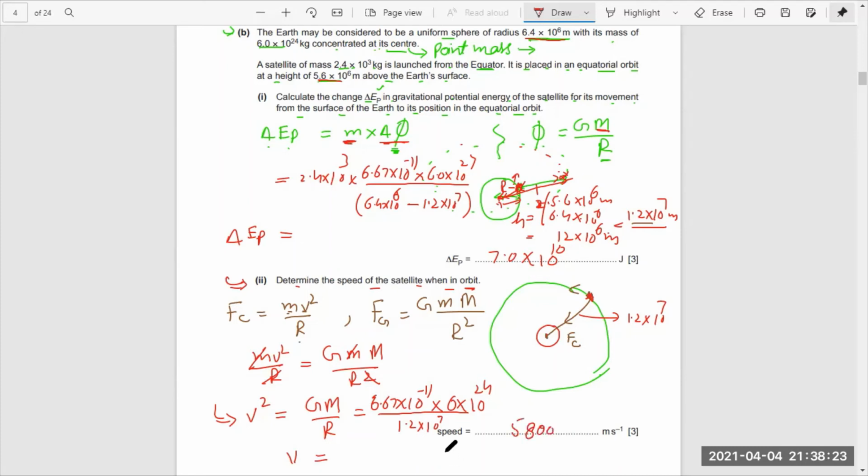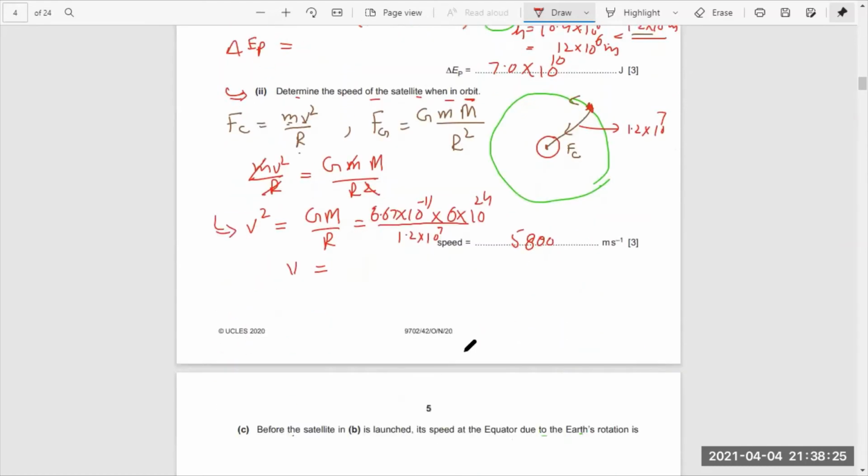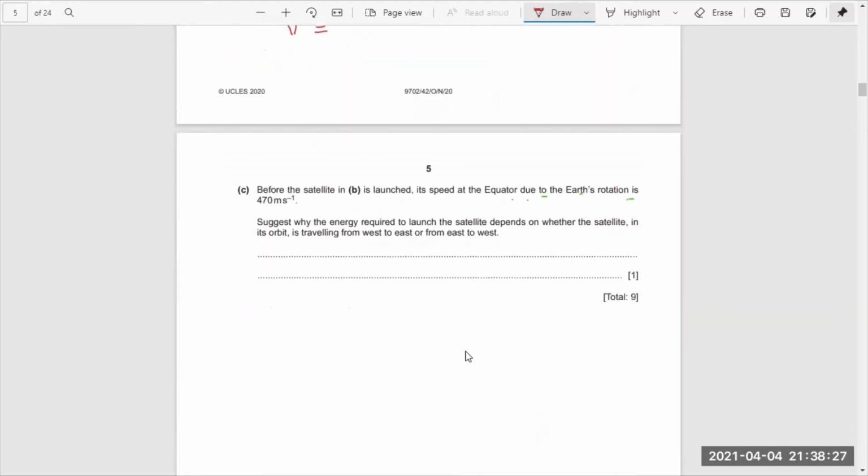Okay, so moving on to the next part, the C part. This is a little advanced part of the question. You have to give the reason over here. This is especially linked with the higher order skills of the question.